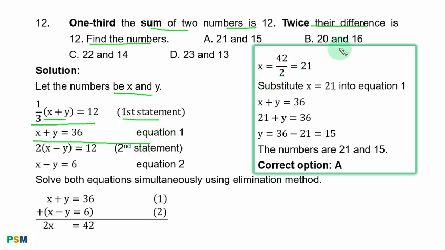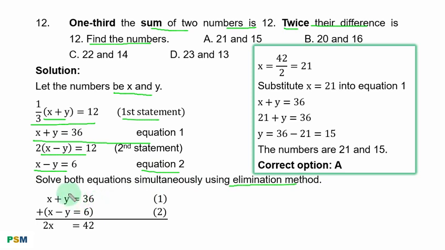From the second statement, you find the difference of s and y, multiply it by 2, it is equal to 12. Divide through by 2, so you have s minus y equal to 6, equation 2. Solve both equations simultaneously using elimination method. You have equations 1 and 2.